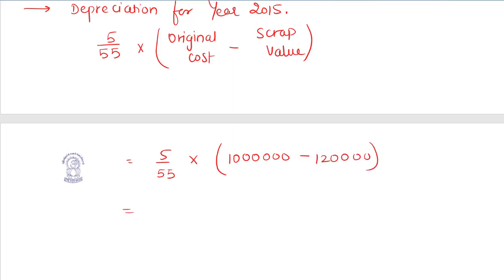So that is 1 by 11 multiplied by 8,80,000.